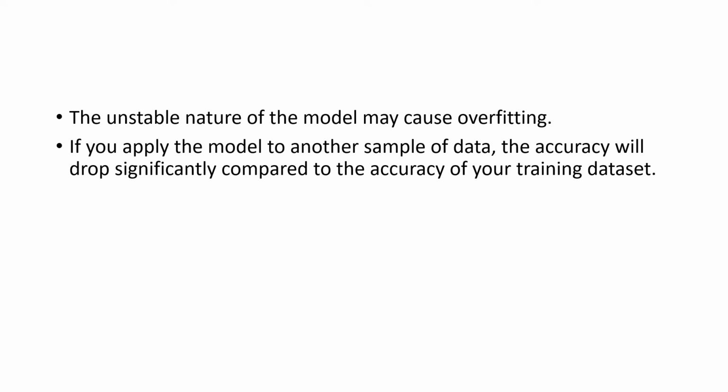This unstable nature of the model will lead to model overfitting. Or if you apply this model by using certain other samples of data, the accuracy of the model would drop. That means that the model which you have fitted by using one data set cannot be used to make predictions by using some other data.